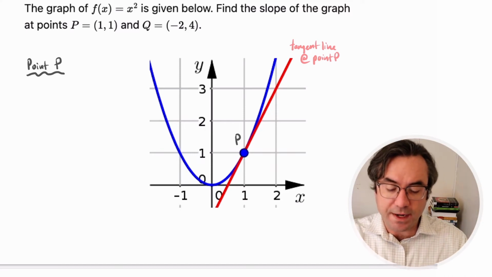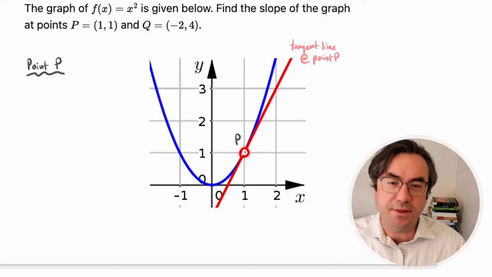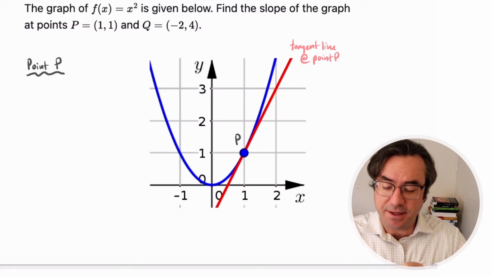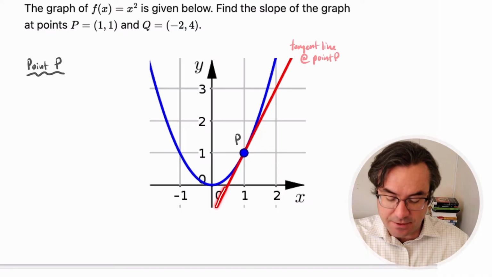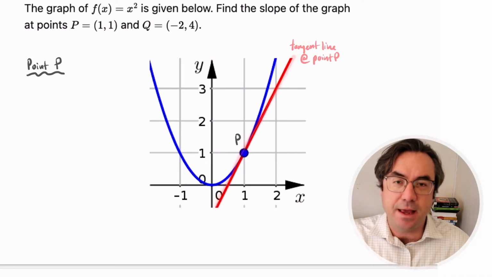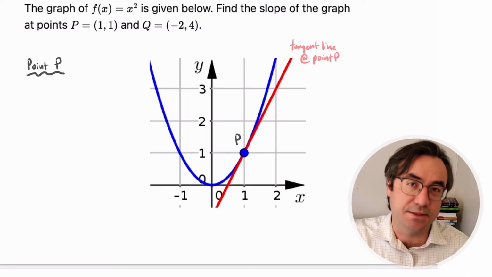One way to do this is we have one point that sits on our line, and we want to identify a second point that sits on this tangent line. So you want to scan through the entire line and look for where it intersects grid lines.